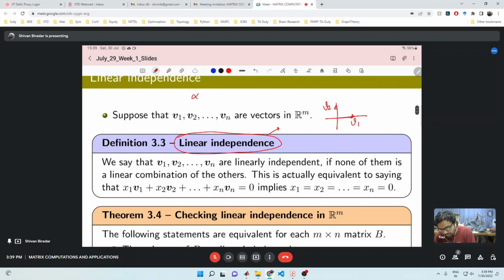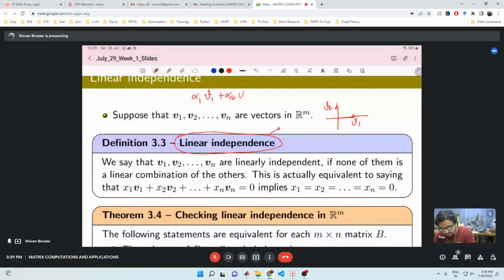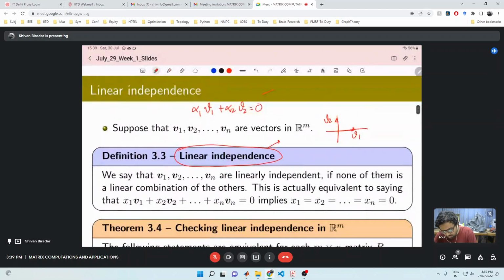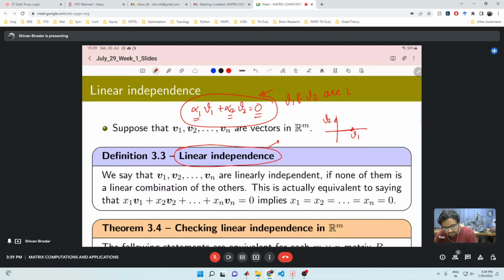You have to check for what values of alpha 1 and alpha 2 the expression alpha 1 v1 plus alpha 2 v2 is equal to 0. If this is true for some nonzero values of alpha 1 and alpha 2, then we say that v1 and v2 are linearly dependent.